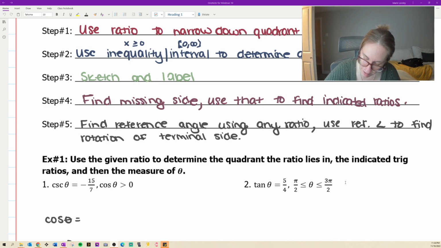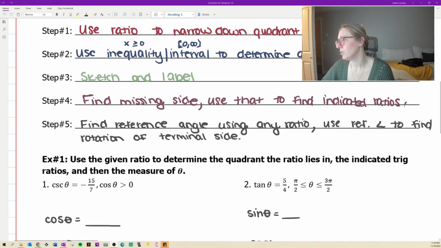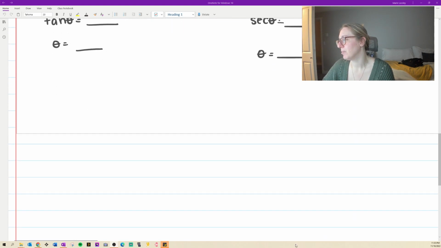I'm just going to put theta because that's our angle name. And then for this one, let's do sine and secant. And we're going to find our theta. Cool. So that's what we're going to do for these problems.